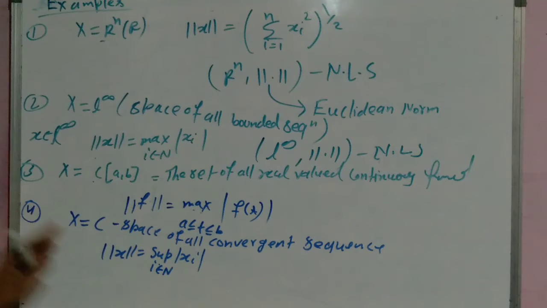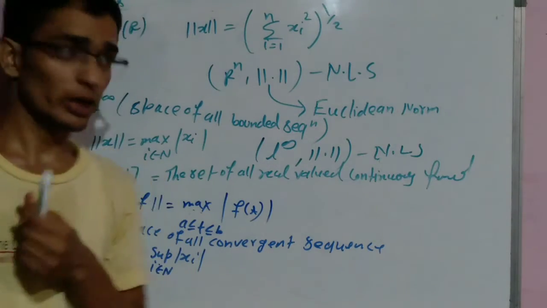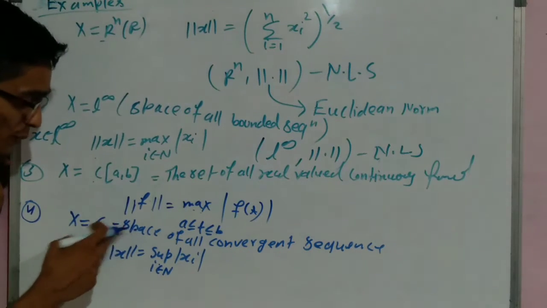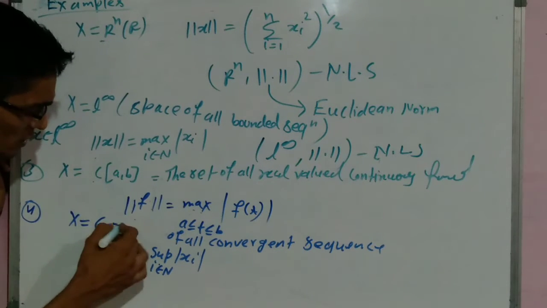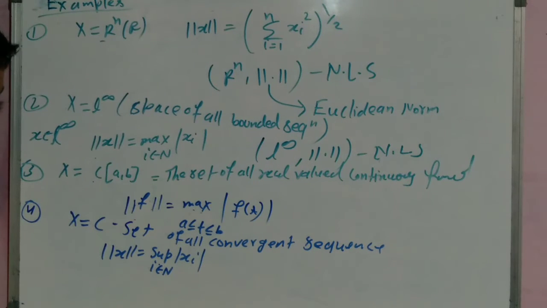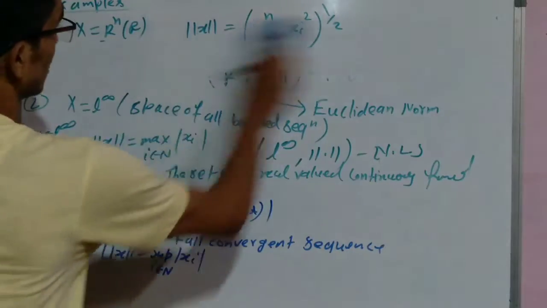This is the norm of C, where C is the set of all convergent sequences. So for this we define the norm. After this we will talk about other examples of normed linear spaces.